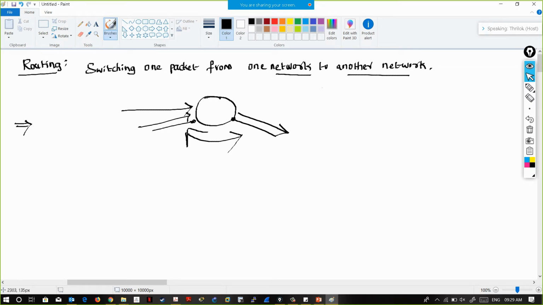First of all, how does it know about that network? If it knows multiple networks, or if it knows multiple routes to the same destination, how will it pick the best route?